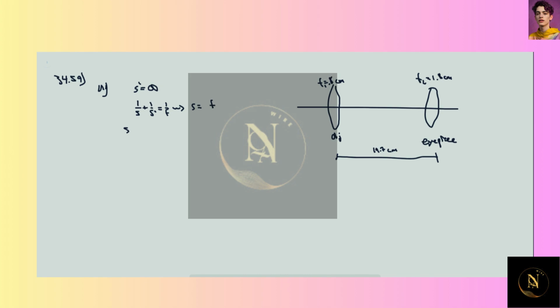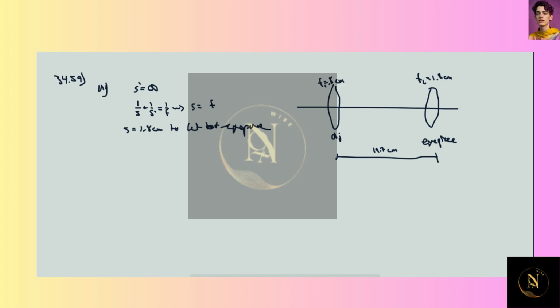So the object distance is 1.8 centimeters to the left of the eyepiece. So this object is also the image formed from the objective.